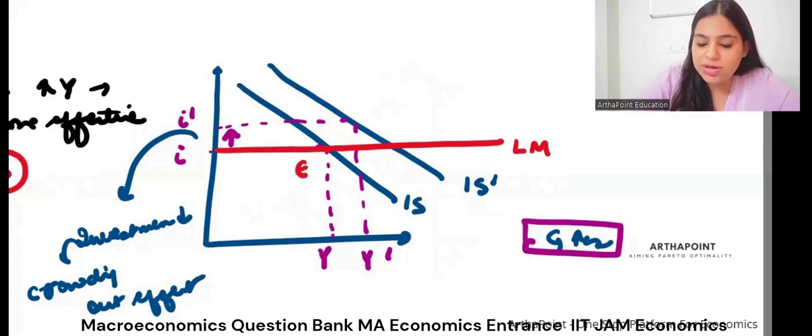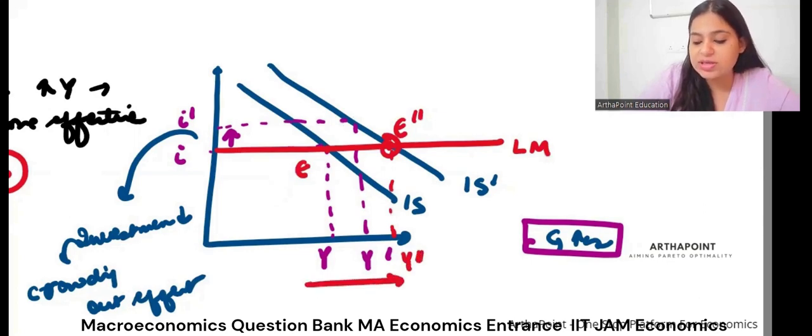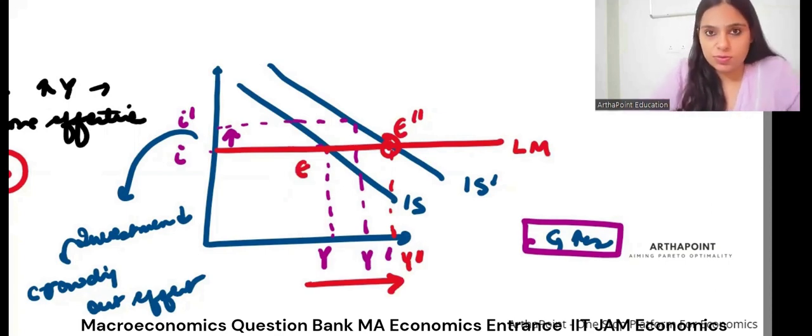This was my new equilibrium E. It will go to a point like E double dash and my output will go from Y to Y double dash. So output will increase by more amount. If there is no change in the interest rate, there is no crowding out effect. If there is no crowding out effect, output increases by more amount.